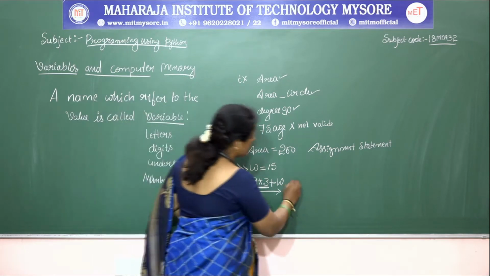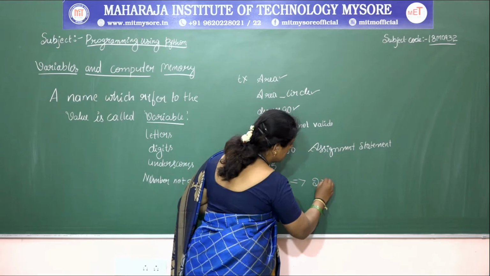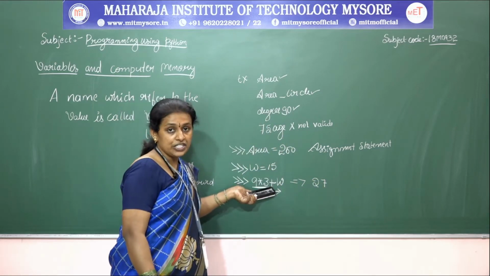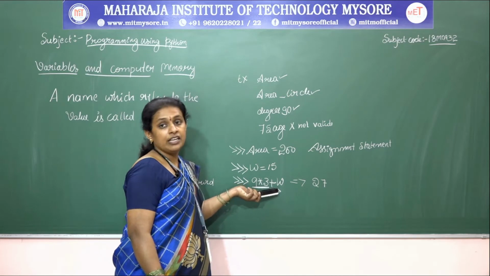For that you will get the answer 27. After that the addition operation of the plus symbol will be evaluated.